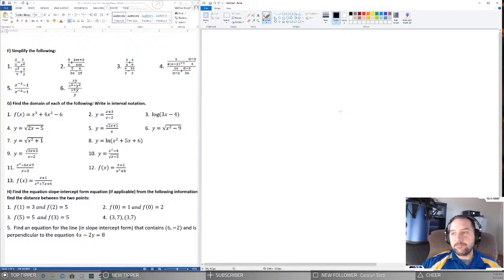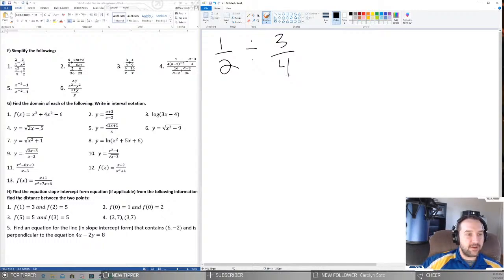If I said 1/2 divided by 3/4, we've seen that before. We know the trick: switch to multiplication by flipping the second value. So it becomes 1/2 times 4/3.